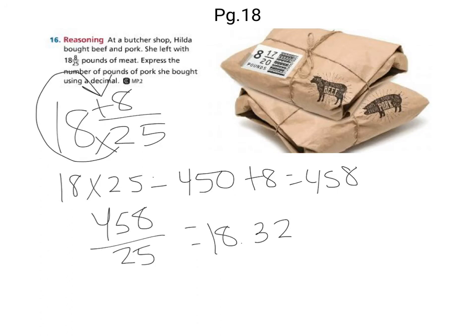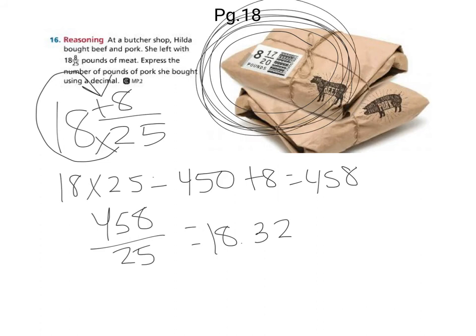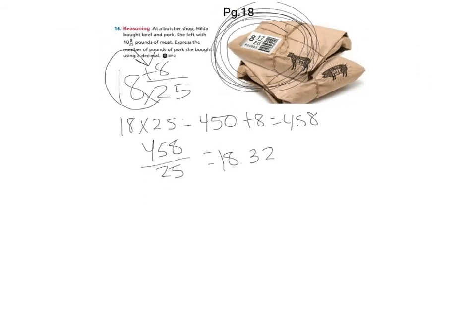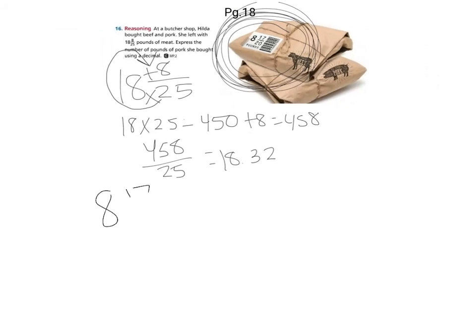So at a butcher shop, Hilda bought beef and pork, and she left with 18 8/25 pounds of meat. Express the number of pounds of pork she bought using a decimal. We know the beef pounds is right here, 8 17/20. So we need to subtract that from the total to see how much pork, okay? So let's make 8 17/20 a decimal.